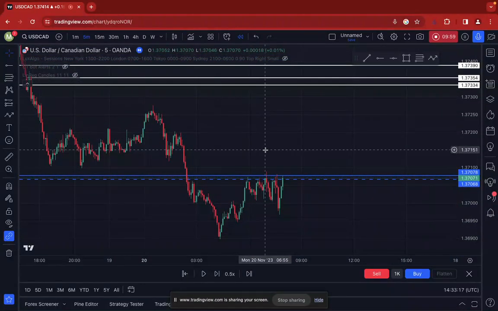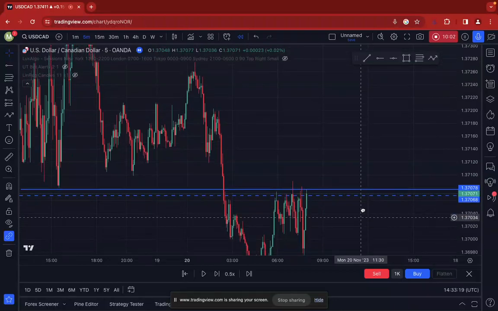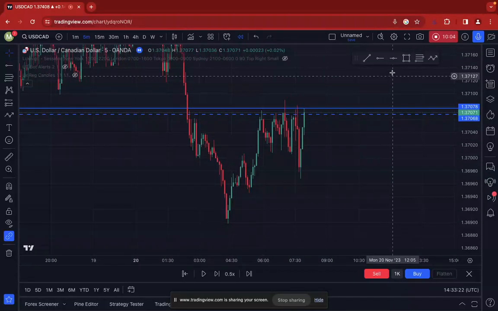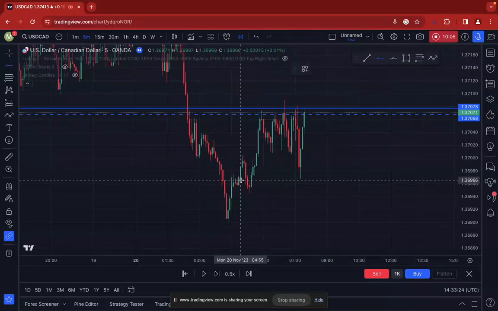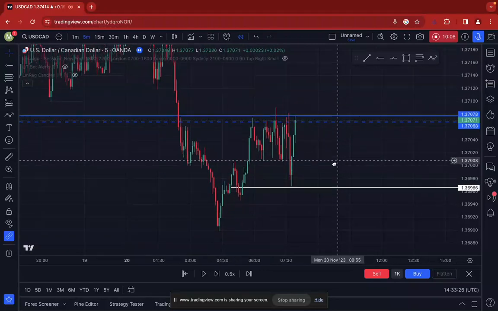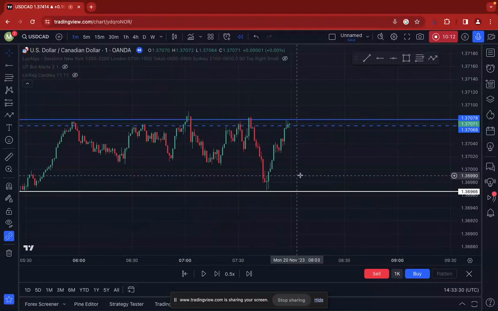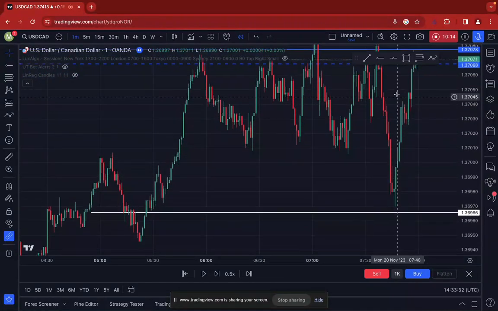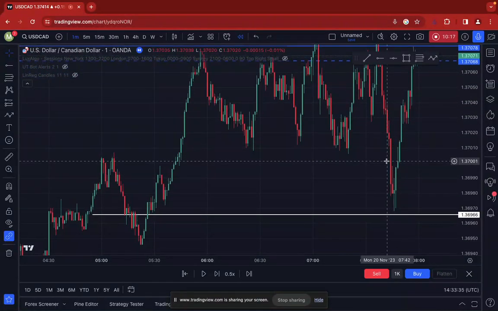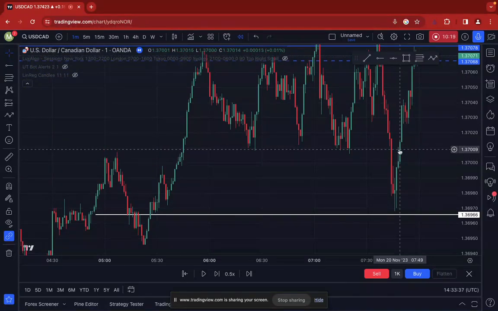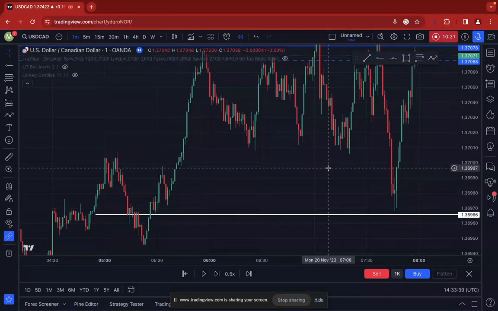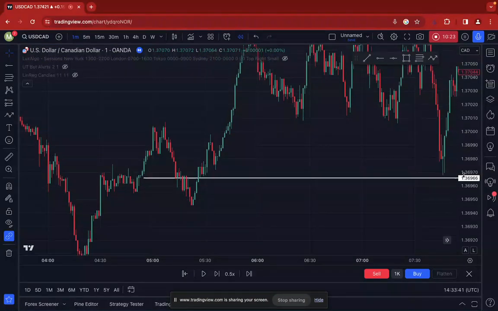So what I'll do is I'll go into the lower time frames. Into the lower time frames, I can see that we have an M5 demand there that has actually been used, and then I will also look for an M1.